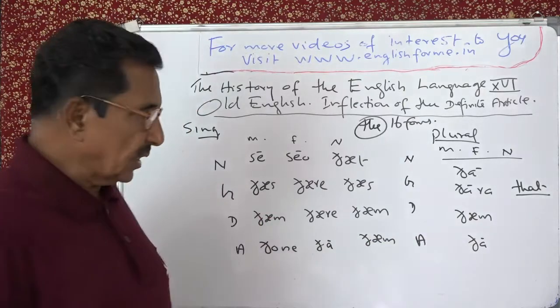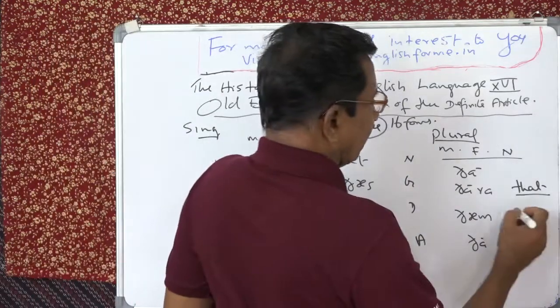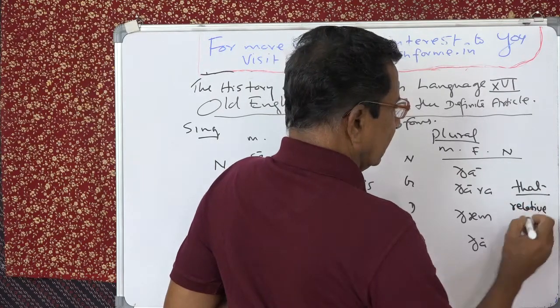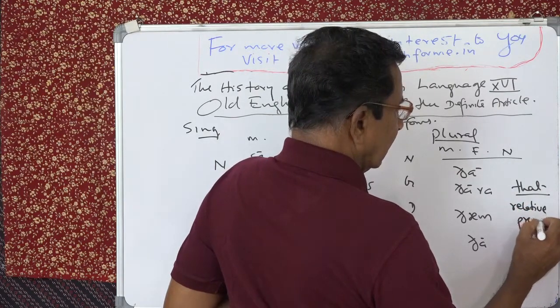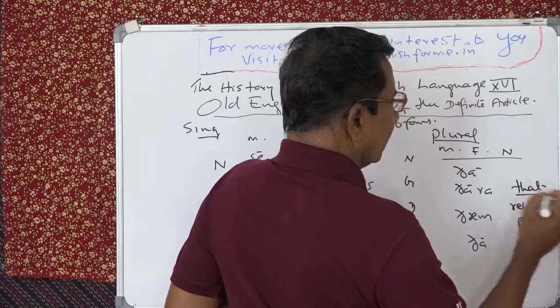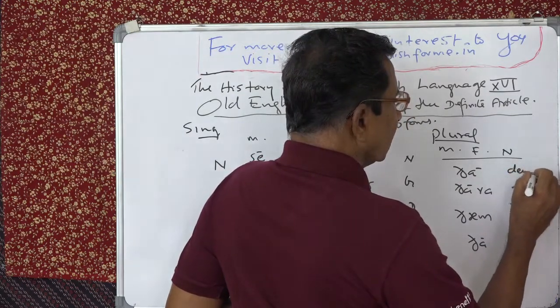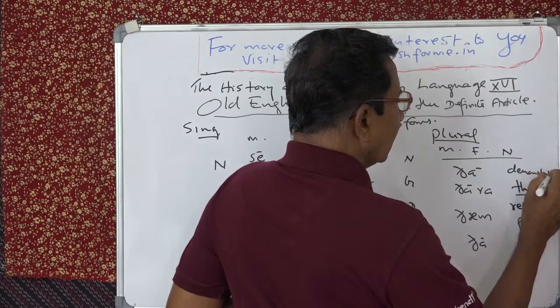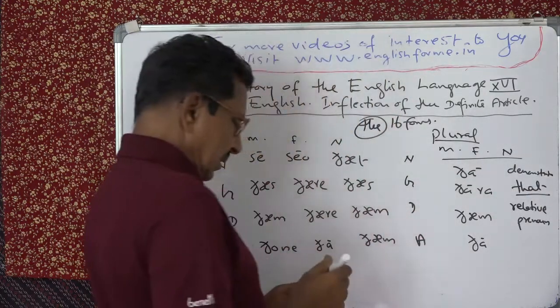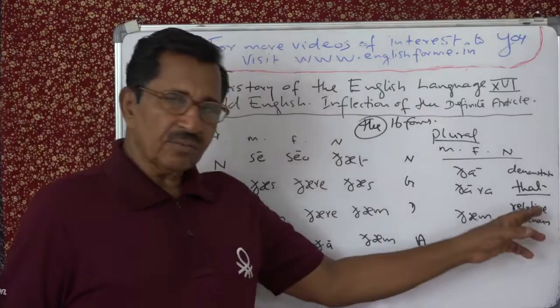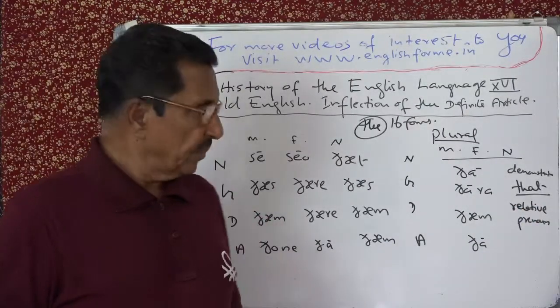So also it is used as a relative pronoun. See, for example, "that" is used as a relative pronoun and "that" is used as a demonstrative in modern English. It survives in modern English in the form of a demonstrative and also in the form of a relative.